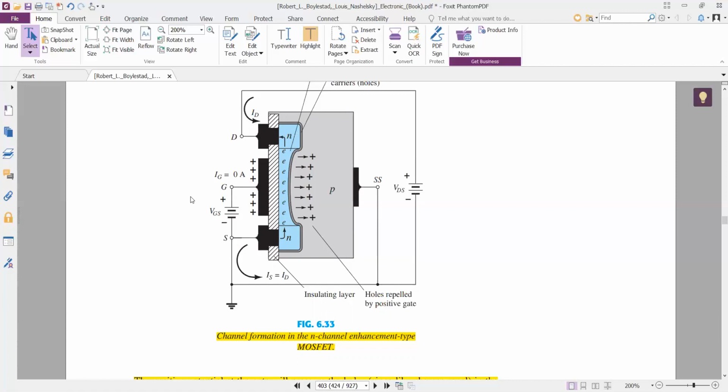And this induced channel can now serve as a path for the current to flow from drain to source.